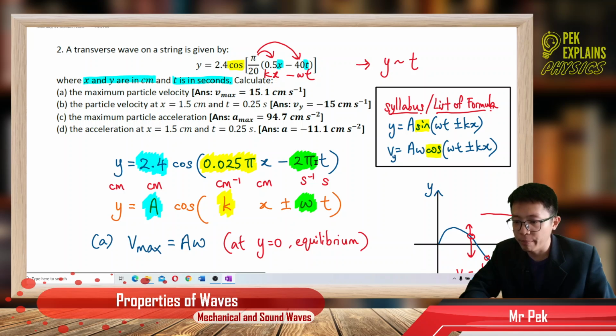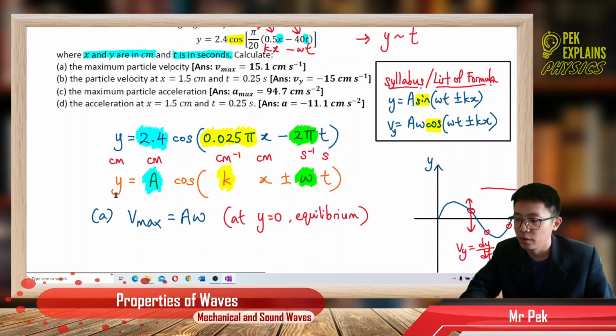So I compare this equation with y equal to a cos. Yeah, I use cos. In front of the x must be k. In front of the time must be omega. So it is kx plus minus omega t. In our syllabus, we are using omega t plus minus kx.